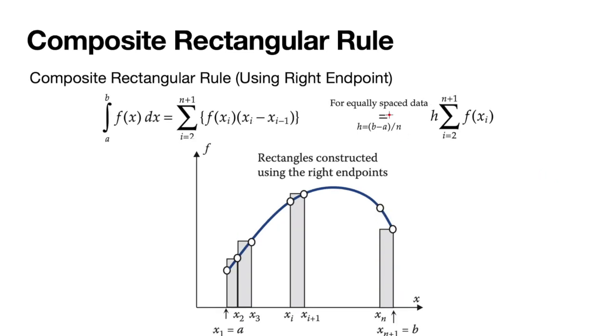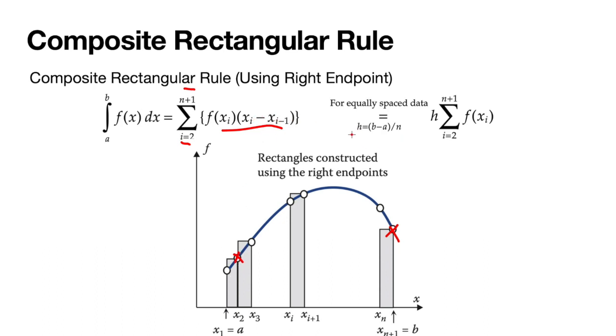Similarly, for the right end point rule, we have to start from point 2 and move towards point n plus 1. So our interval will start from point 2 and move to n plus 1, and similarly we take the function value at that point and multiply by the difference.